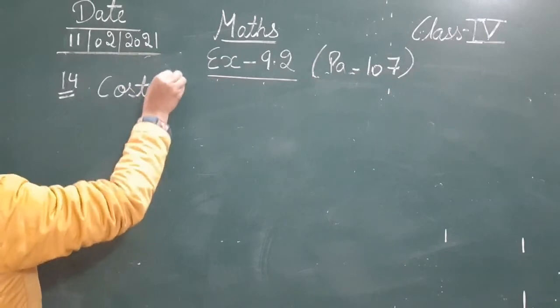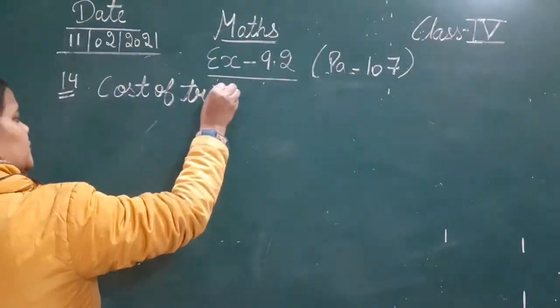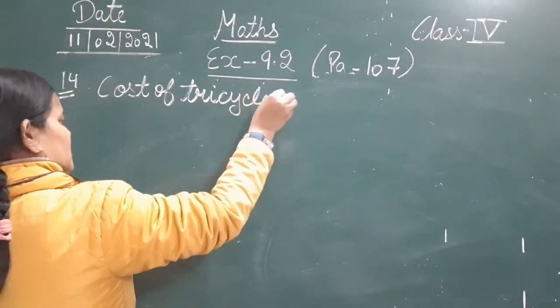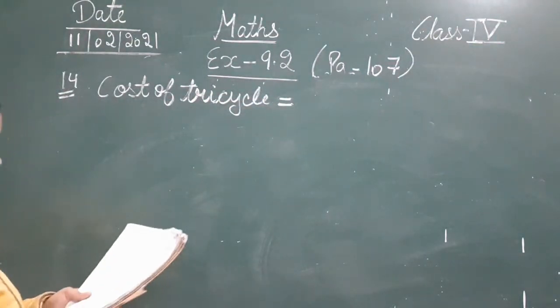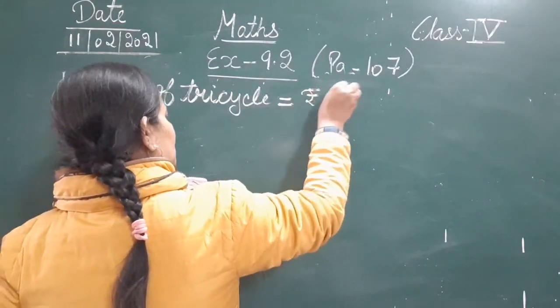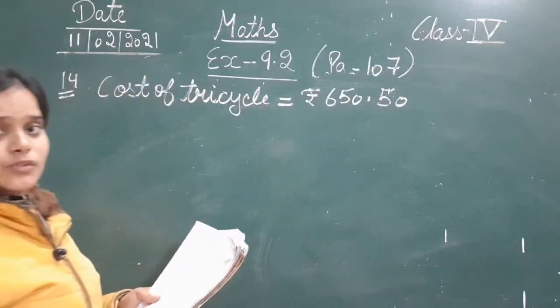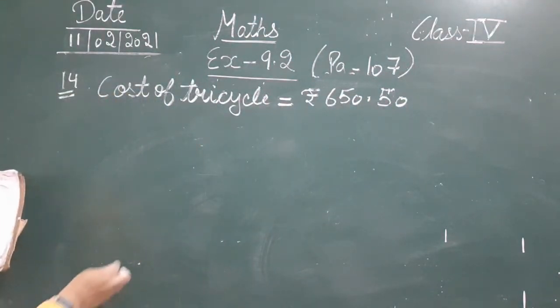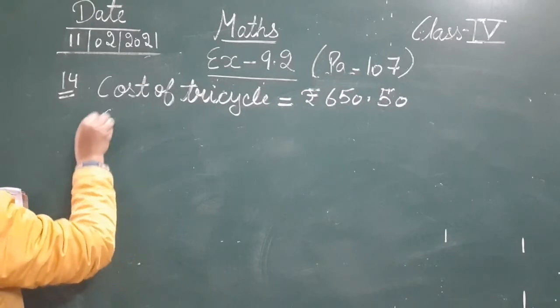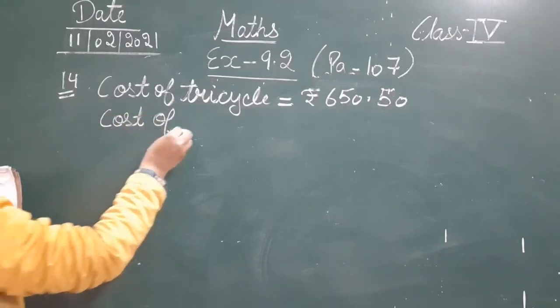The cost of tricycle, the first item that she bought, cost her 650 rupees and 50 paise. Second item she bought is a book.